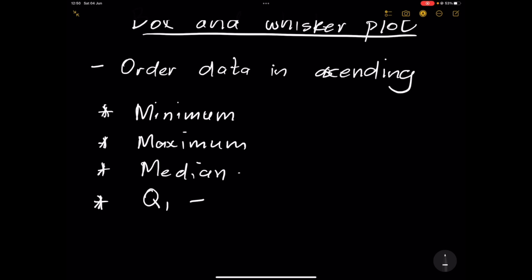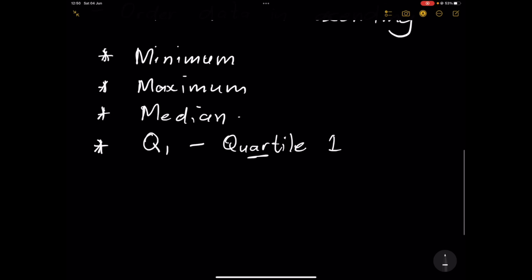We call this the lower quartile, quartile 1. And look at that word quartile. There's quarter there. So that's Q1. As I said, I'm going to illustrate all of this. And then you are also going to look for Q3 in that case. By the way, let me just simply refer to this.